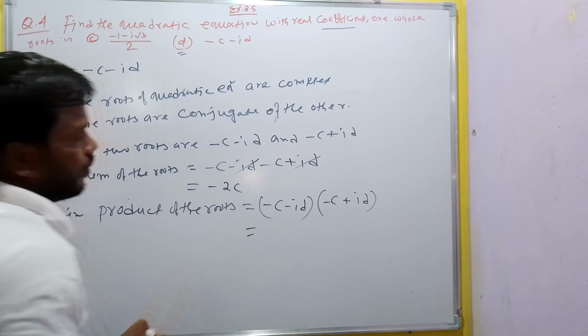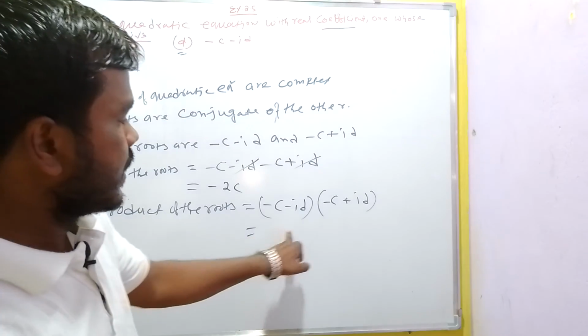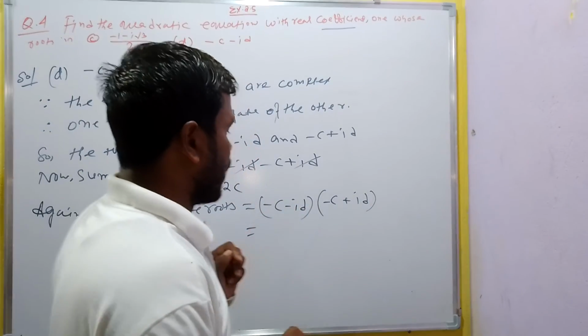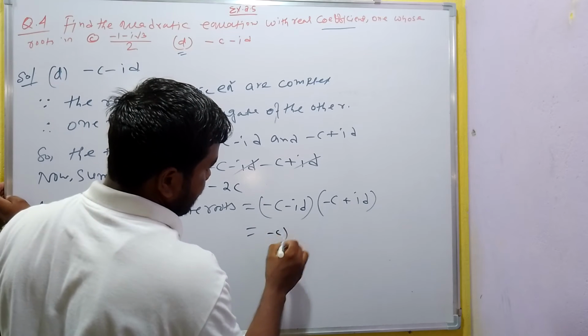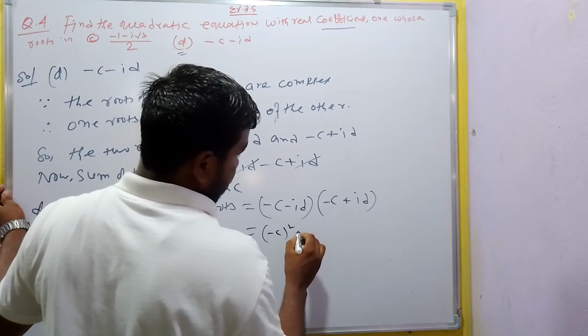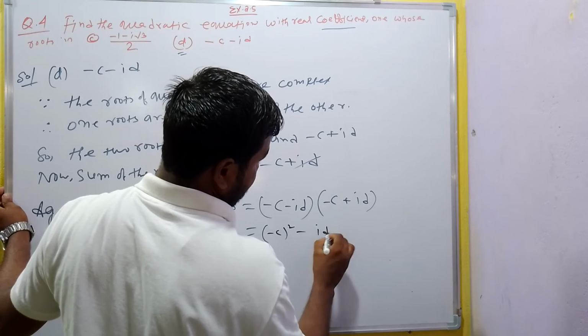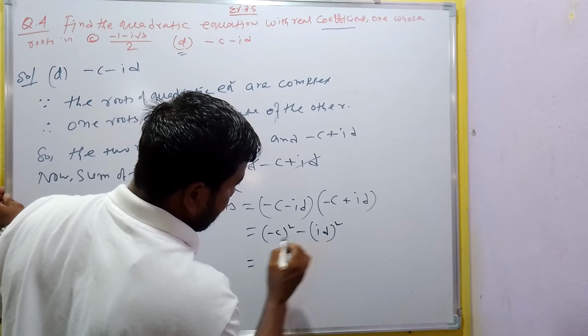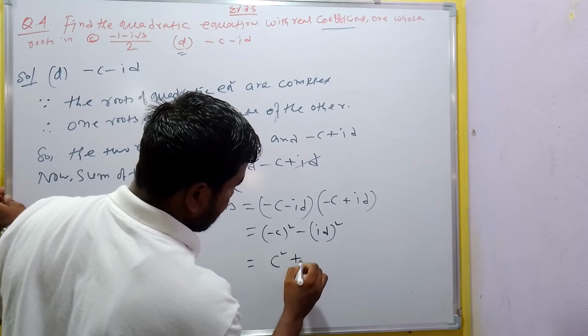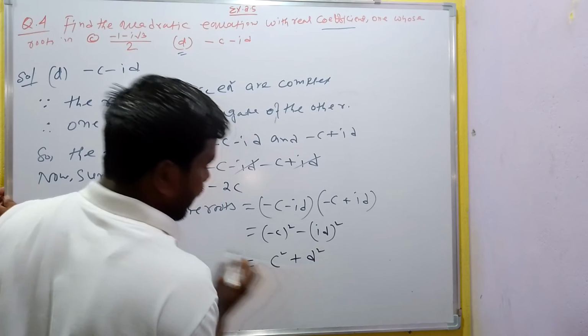Now you can see (a - b)(a + b), so you can write a square minus b square. So (-c) whole square minus (id) whole square. So c square, and i square means -1, then minus minus is plus, so d square.